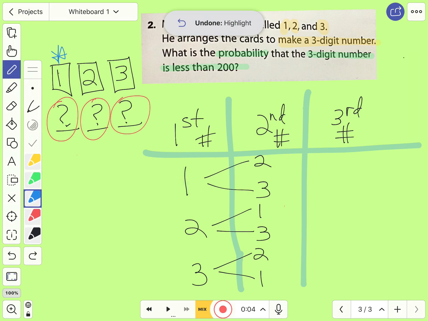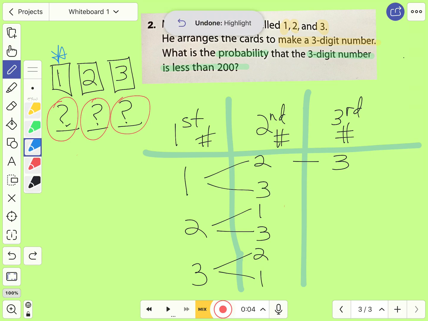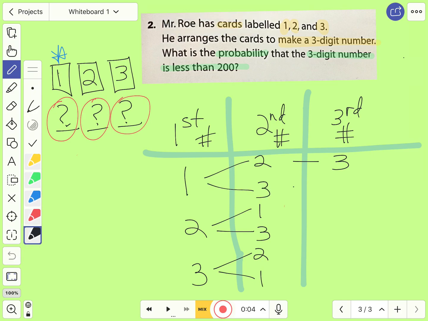So if that was the case, the third card would be the 3. If my first card was a 1 and the second card after it was a 3, what card would be my third card? Well, the only option would be the 2.